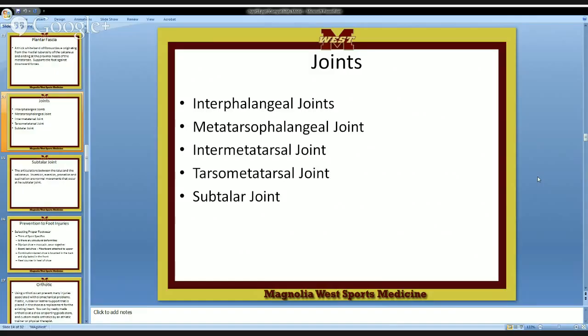It's a group of bones. Yes. So where's the tarsometatarsal joint? It's where these connect right there with the tarsals and the metatarsal. All right.